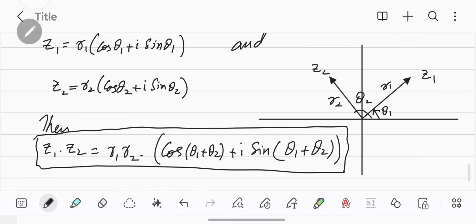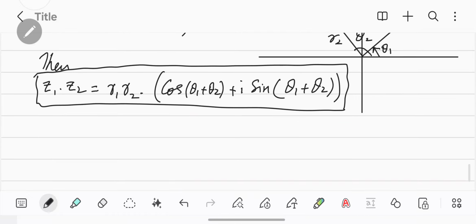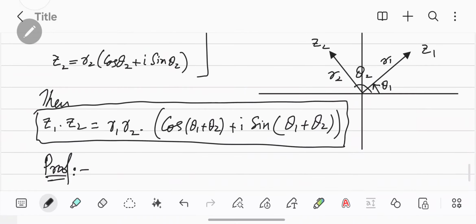The product is obtained just by simply multiplying the radii and adding the angles and putting them into the cosine and sine in this form. This is called the Euler form of the complex number. So this is what we have to prove. So here is the proof. This is our assumption and this we have to prove.